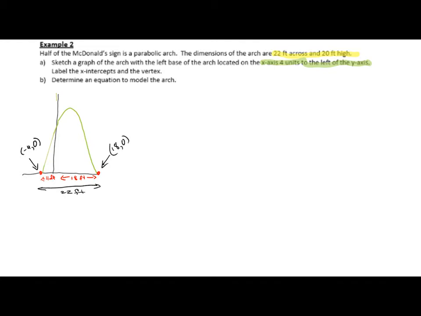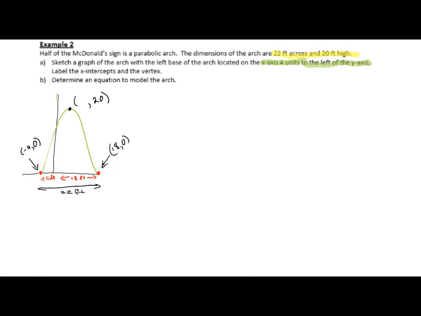Now from here we need to be able to identify this point here. We said earlier that the actual arc was 22 feet across and 20 feet high. So if I was looking at this parabola, I don't know what the x value is, but I do know that at least my height is 20.